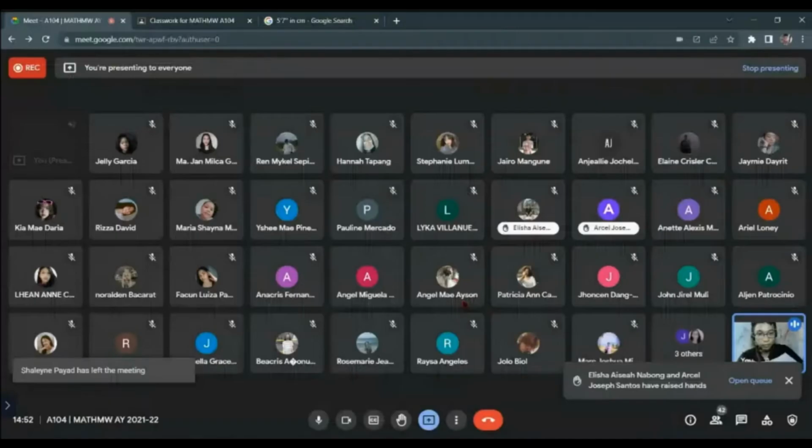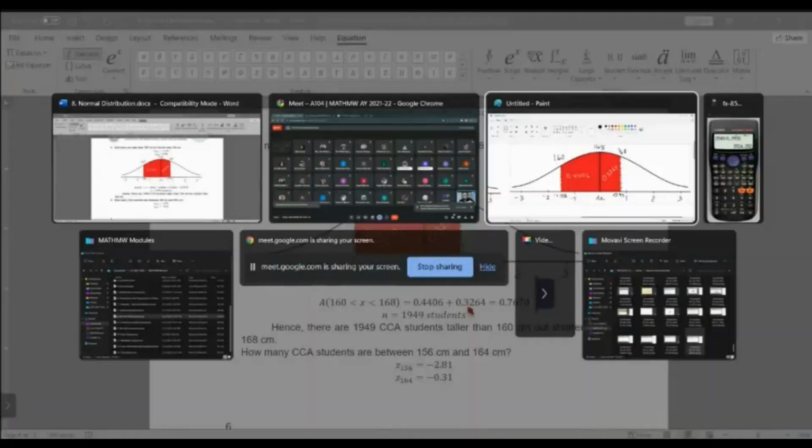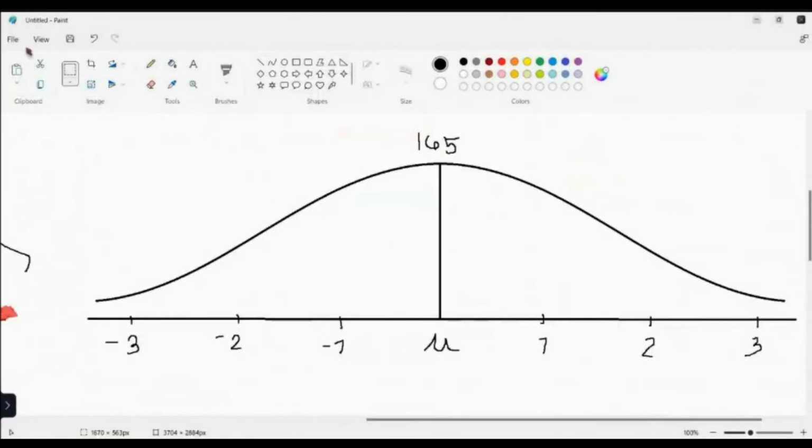Illustration. Last example tayo. Negative 2.81 somewhere here. This is 156.